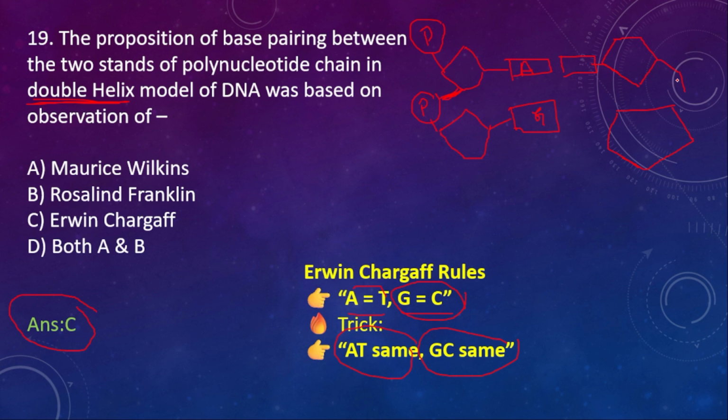And here is phosphate, and here is phosphate, and the bond between them. So here A always pairs with what? T, and G always pairs with C, vice versa. A always pairs with T, and G always pairs with cytosine.